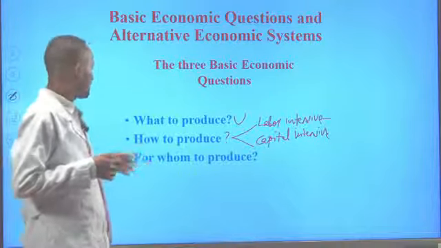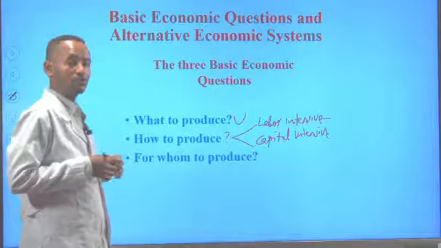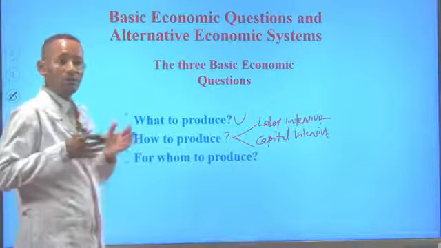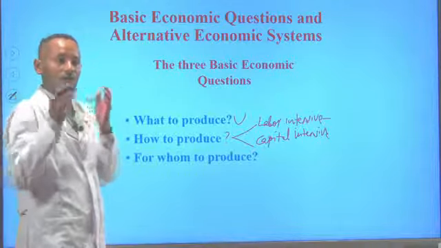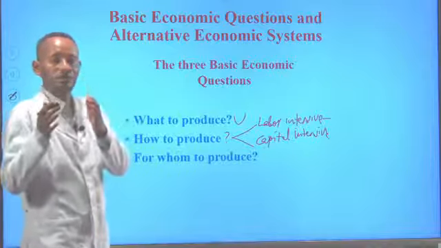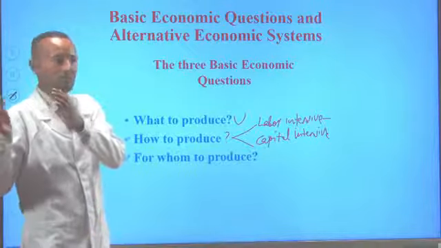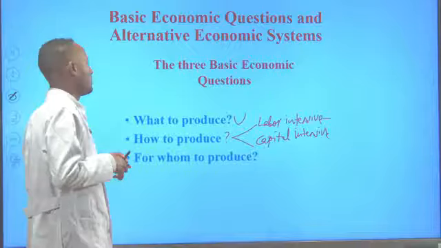The third basic economic question is for whom to produce. Shall we produce for the minority or the majority, for the poor or the rich? This is the third economic problem.